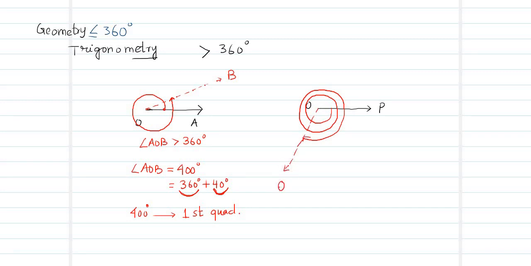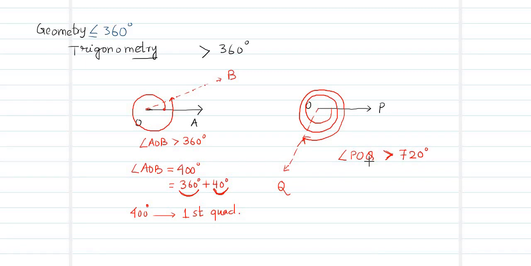Suppose OQ is the final position of the revolving line OP after rotating 2 complete revolutions and some angle. So definitely the angle measure of POQ is more than 720 degree, because it is already given that there are 2 complete rotations plus something.